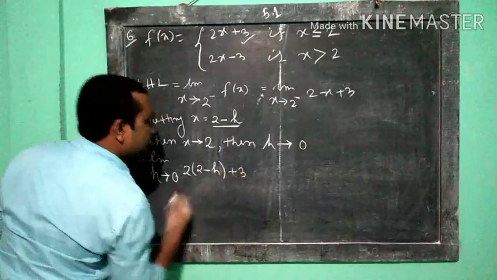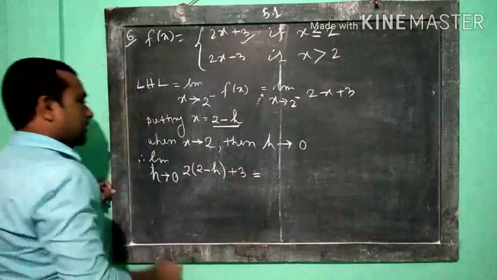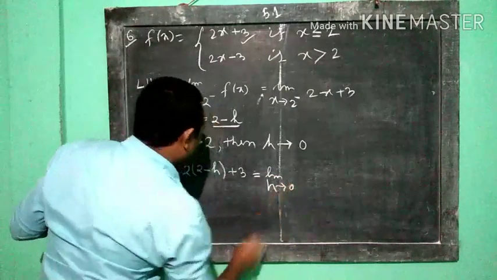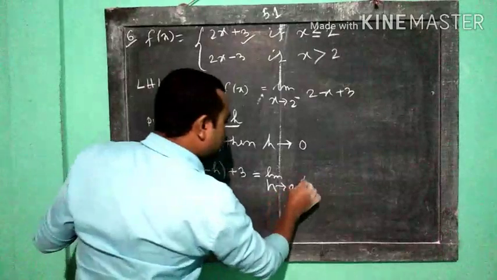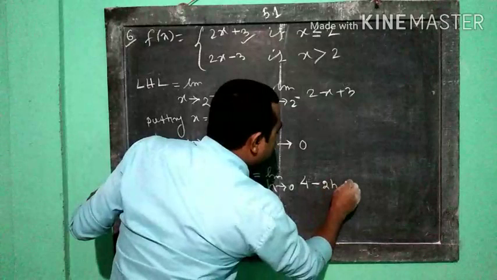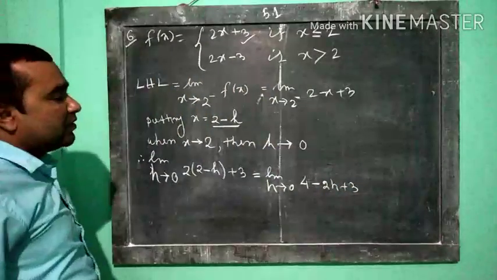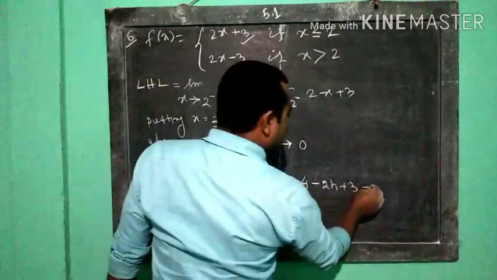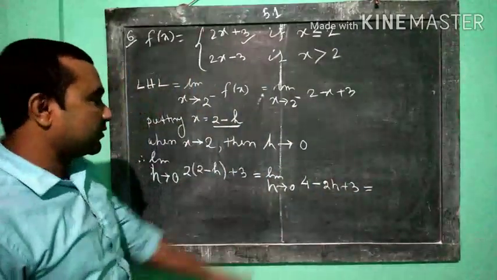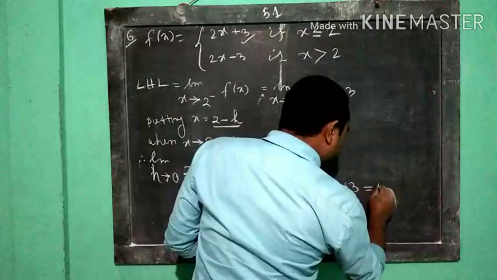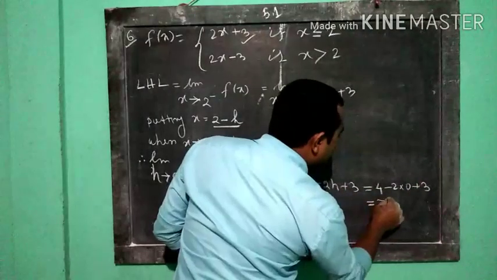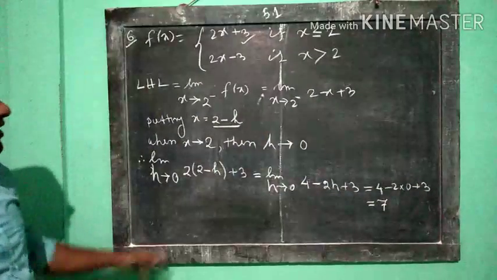So 2 times (2 minus h) plus 3 equals limit h tends to 0 of 4 minus 2h plus 3. If we put h equal to 0, we get 4 minus 2 into 0 plus 3 equal to 7. So the left hand limit is 7.